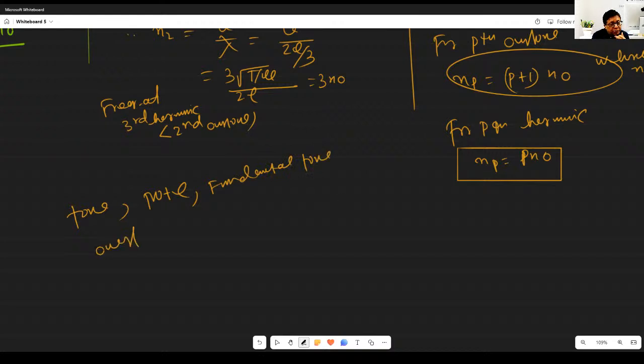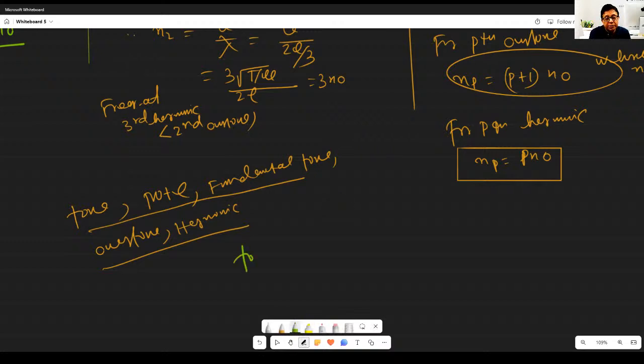What is an overtone? And what is harmonic? You can write just a one line statement. What is tone? Tone means sound wave consists of one frequency only.